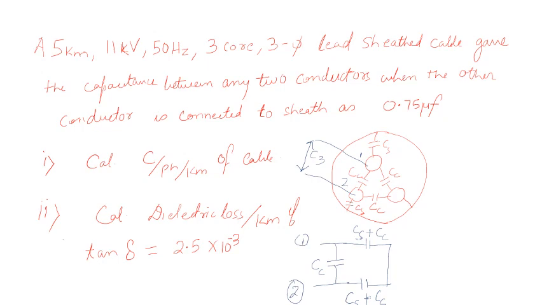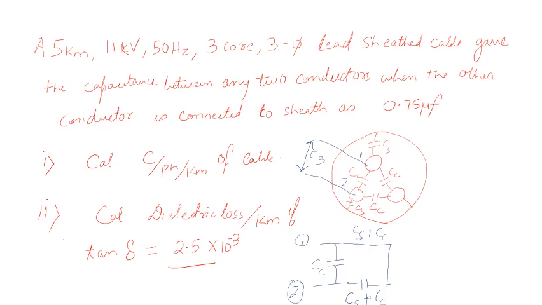First, calculate the capacitance per phase per kilometer of the cable. Second, calculate the dielectric loss per kilometer for the given tan delta. You try it, but I will focus more on this statement.